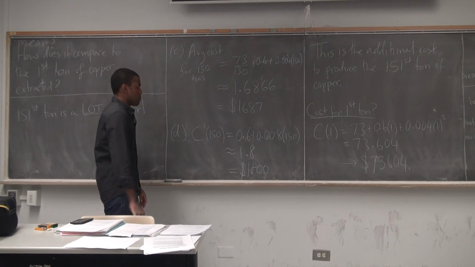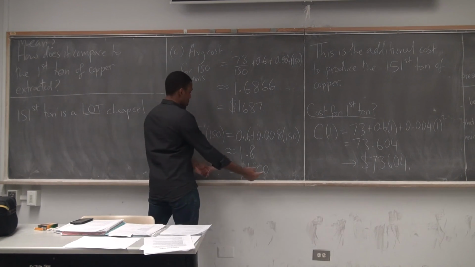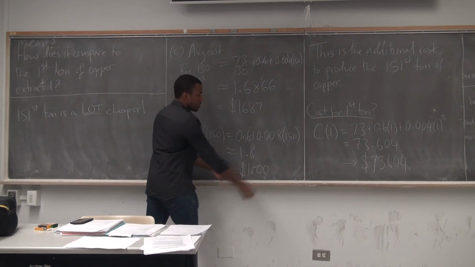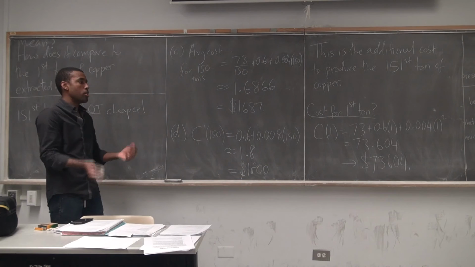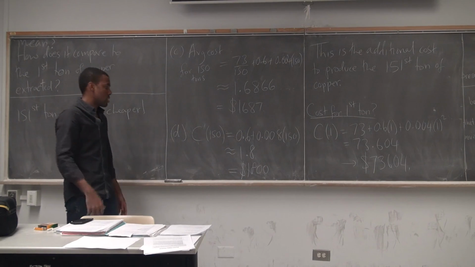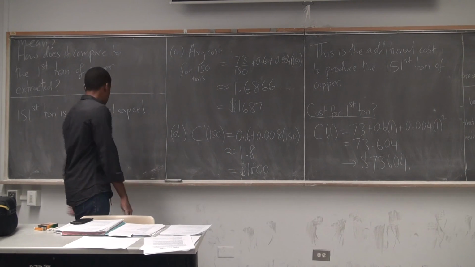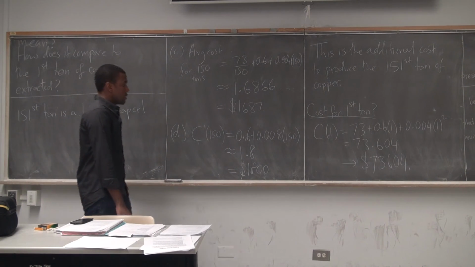But there will come a point where the cost to produce extra is too much based on the profit you're projected to make, and you can just stop. But anyway, that's a typical question here.